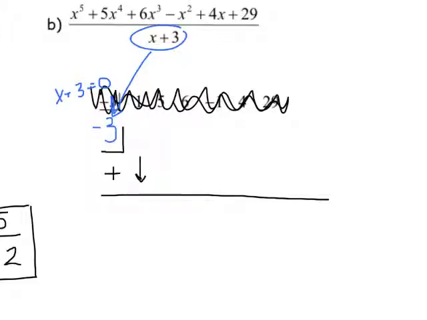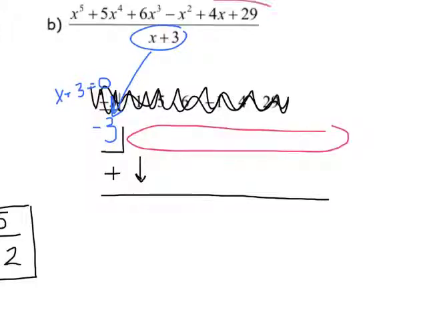Then what goes here are all of these coefficients. Before you just write them all down, make sure all the degrees are represented. So I got a degree of 5, 4, 3, 2, 1, 0. So this one, they are all there. So I can go ahead and just write those coefficients down.